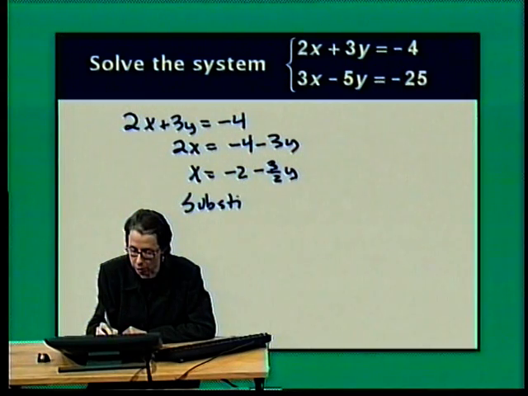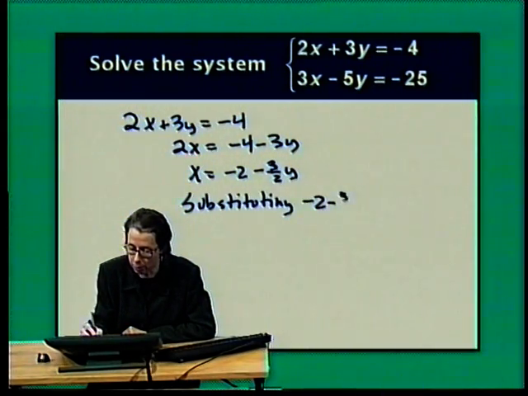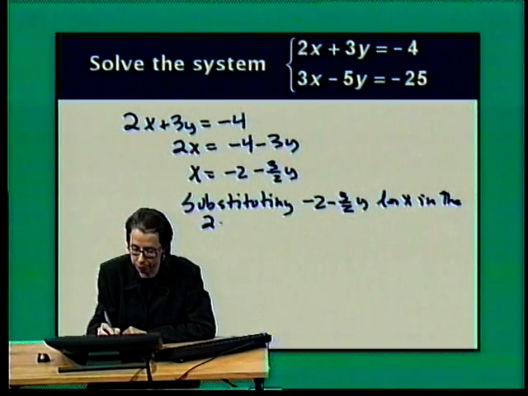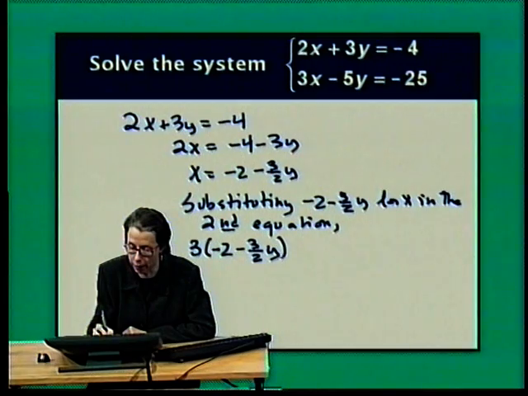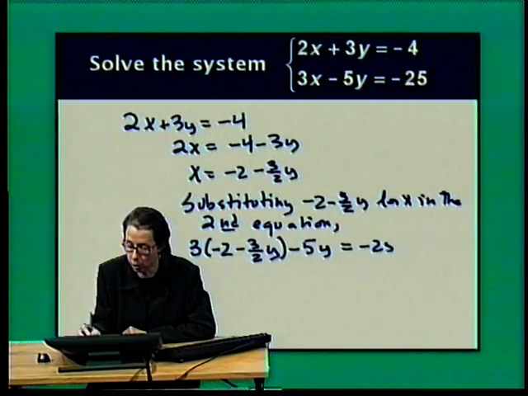So substituting negative 2 minus 3/2 y for x in the second equation, I'll have 3 times negative 2 minus 3/2 y, minus 5y equals negative 25.